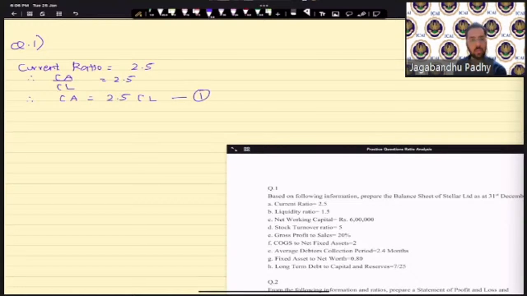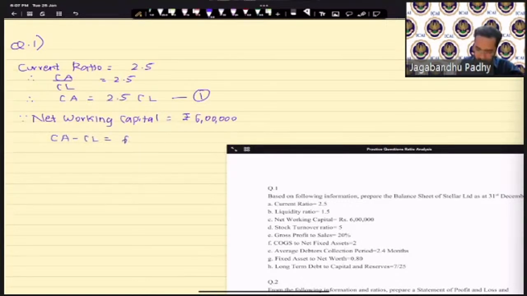Making this equation number 1. And we also know the net working capital is rupees 6 lakh. This net working capital of 6 lakh is actually current asset minus current liability.